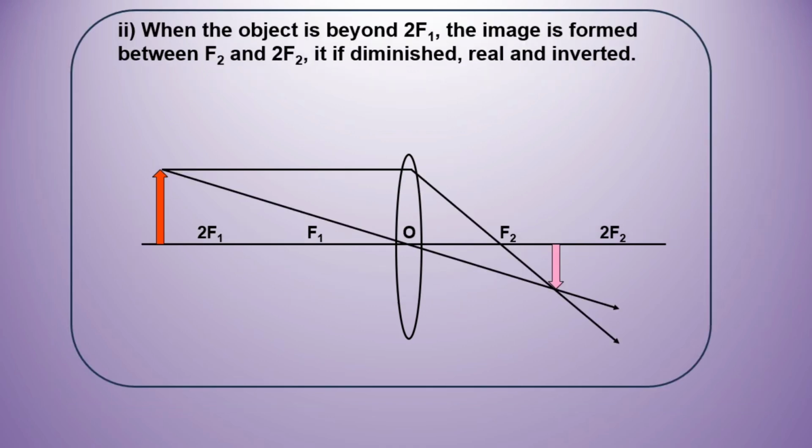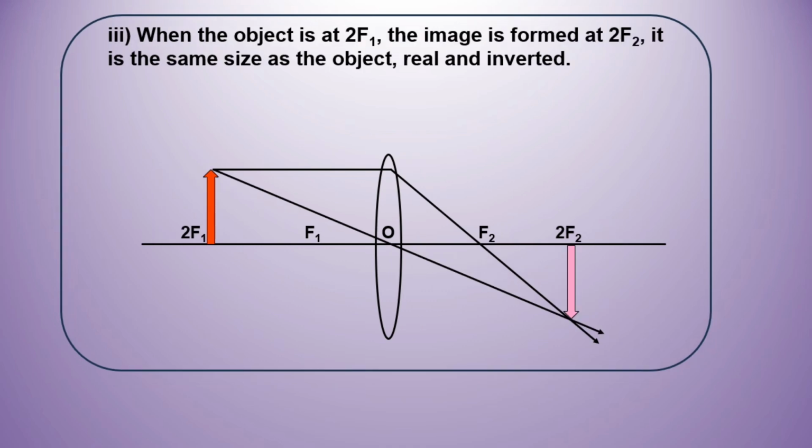In this diagram, when the object is beyond 2f1, at a finite distance, the image will be formed between f2 and 2f2. This image will be diminished, real and inverted.